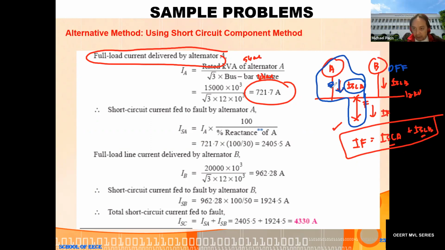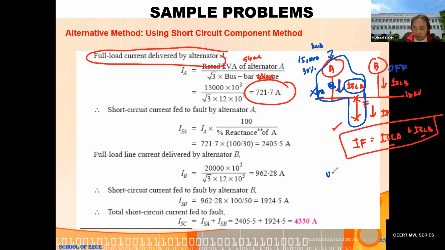Since alternator A, pwede makuha natin ng XGA dito, you can now do so. How can you get your XGA at this point? So if you have a 15 MVA, I think this is also the 15,000 kVA given kanina. Tapos this is 30%, from the given, because I see here on the solution.